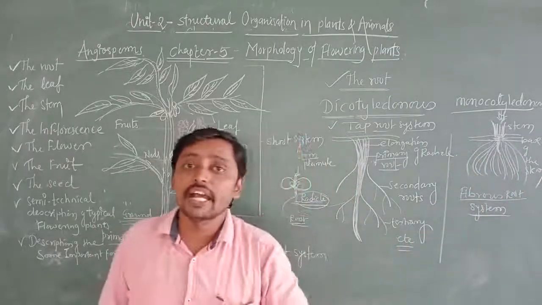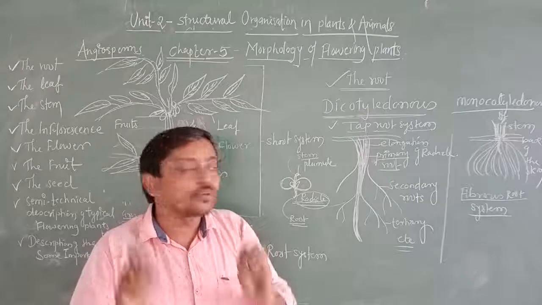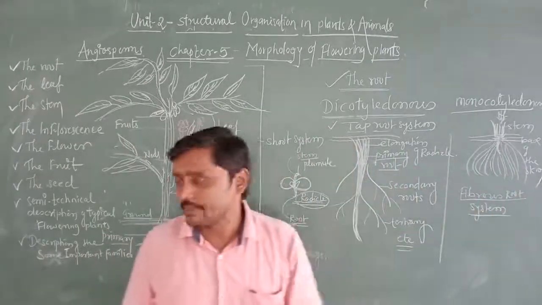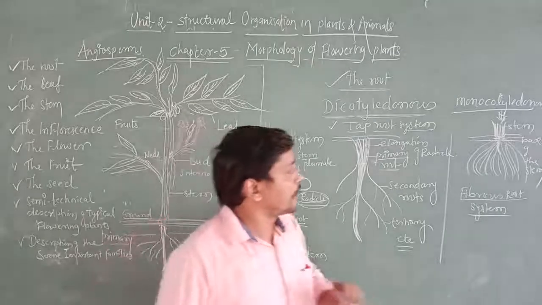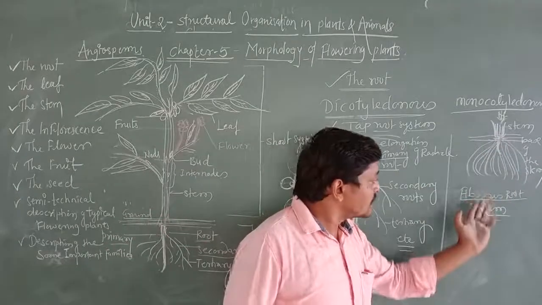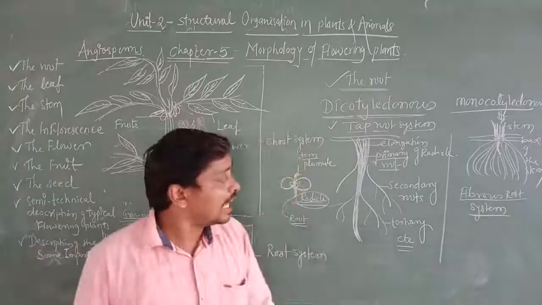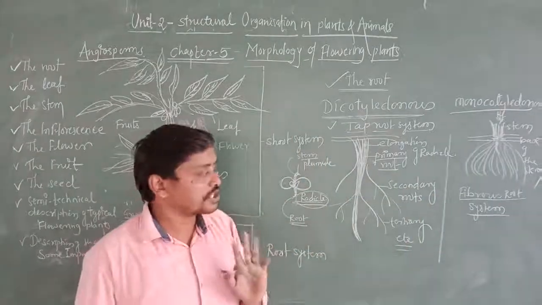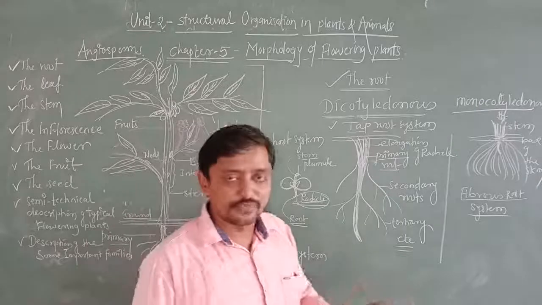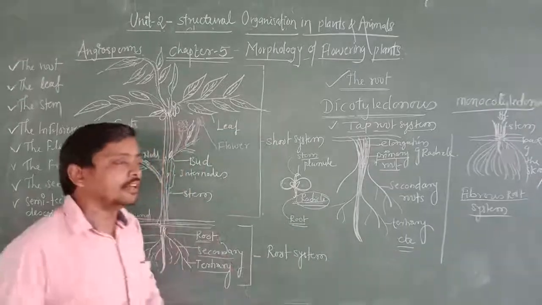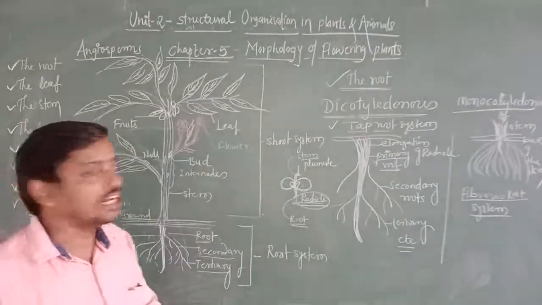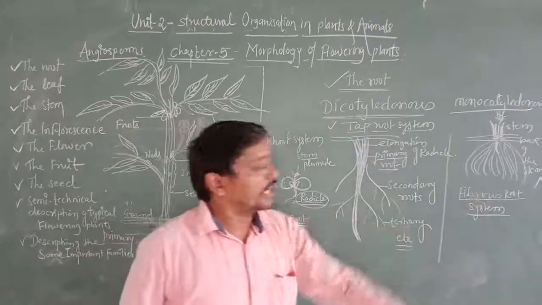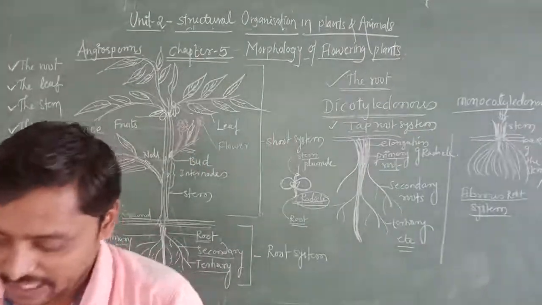These roots develop from the base of the stem, and such a root system is called the fibrous root system. So one thing is clear: in dicotyledonous plants you get a taproot system, and in monocotyledonous plants you get the fibrous root system.